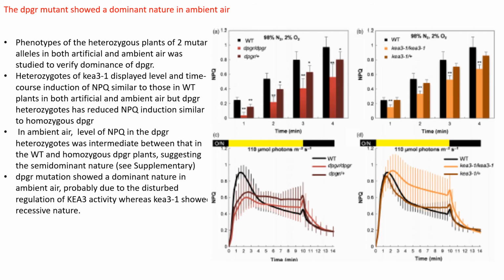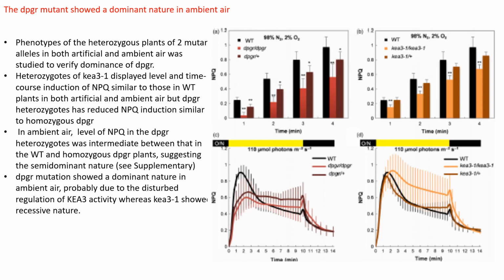Heterozygotes of the KIA3 mutant allele displayed levels and time course inductions of NPQ similar to that of the wild-type plants, as you can see from the bottom figures, in both artificial and ambient air.